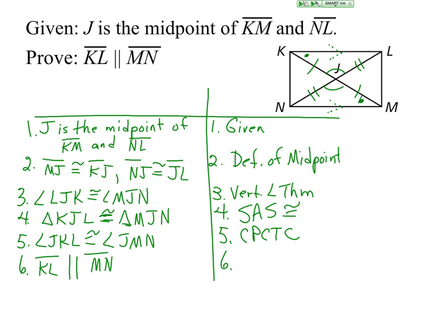What supports the parallel lines? Some kind of converse. Which one is it based upon those two angles? Alternate interior. So converse of alternate interior angles. Notice how that one did not stop with CPCTC. You've got to think, what corresponding parts will help me finish what we're trying to do.